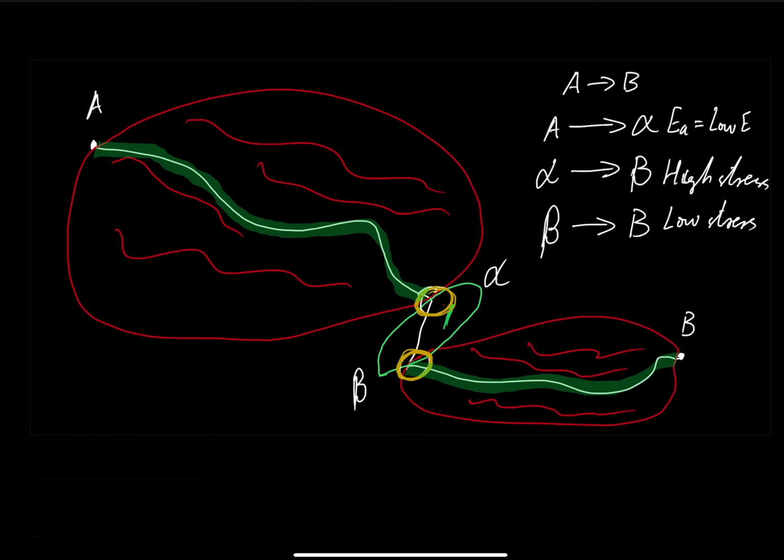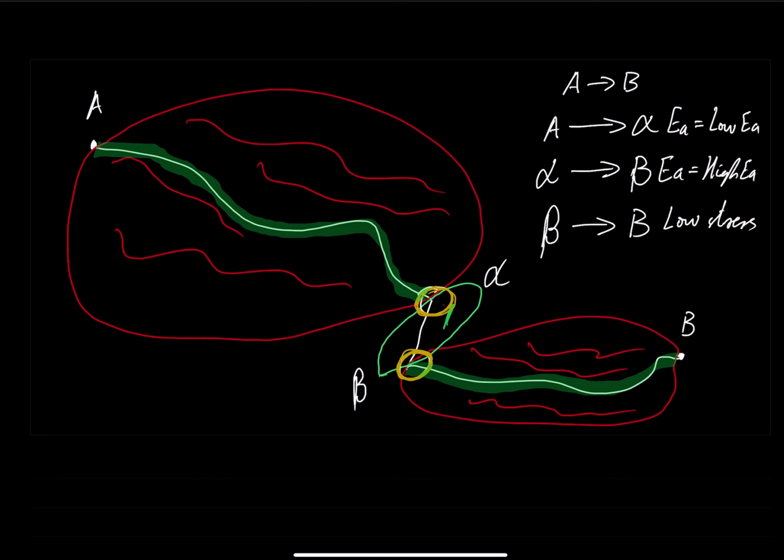It doesn't require a lot of energy to do that first step from A to alpha, but from alpha to beta, that step requires a lot of energy, and therefore it's the slowest reaction because it requires the most energy. So this step has a high activation energy.